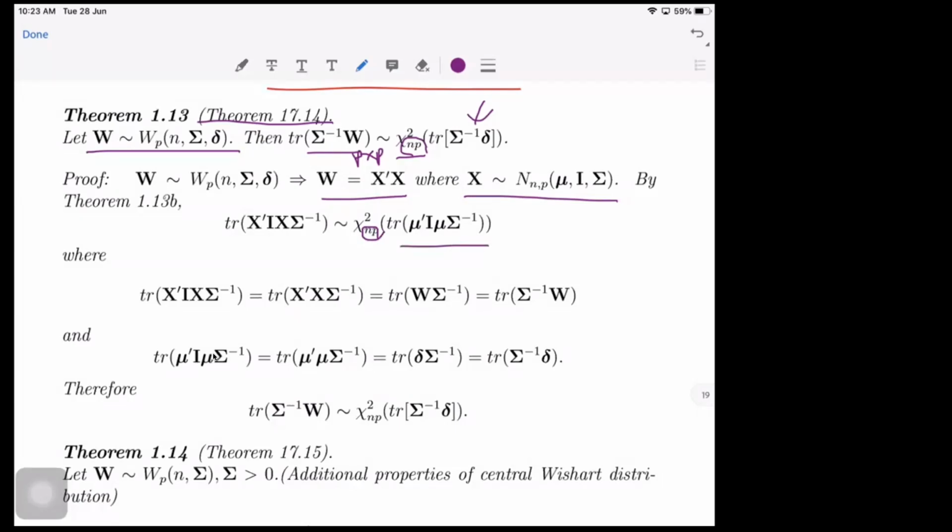Psi is I. Psi inverse of I is still I. And then sigma inverse. Okay, this is correct by this theorem. This is actually 17.13b, the second part. And if you scrutinize this term here, since this is just I, it will simplify to this.